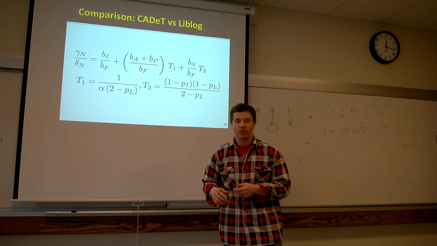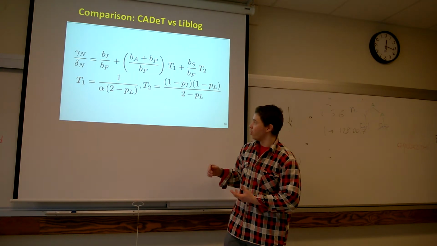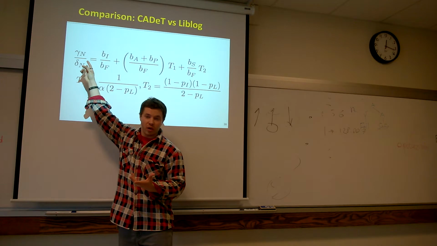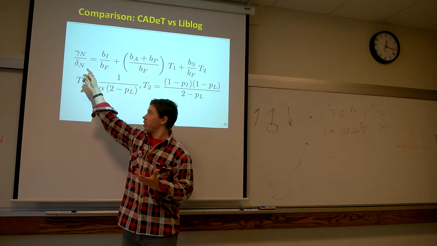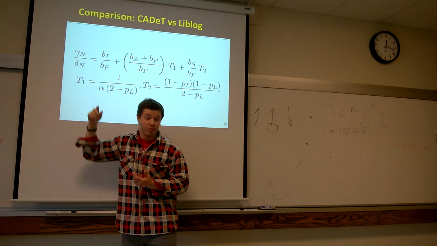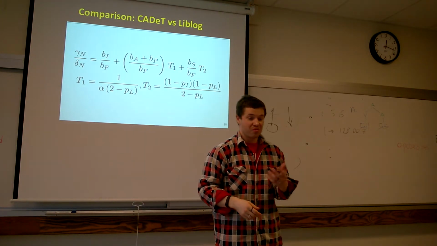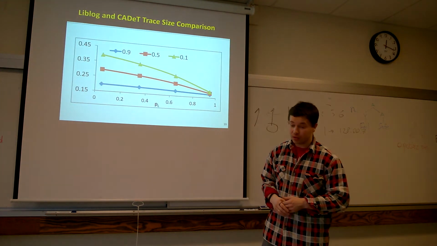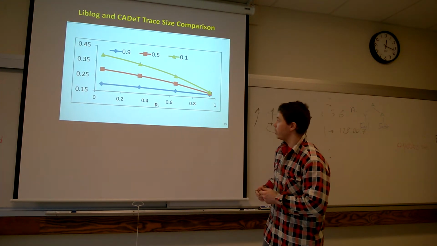And afterwards, they want to understand, okay, how small are the traces generated by CADET when compared to liblog traces? Are they significantly smaller? Well, it turns out they are.